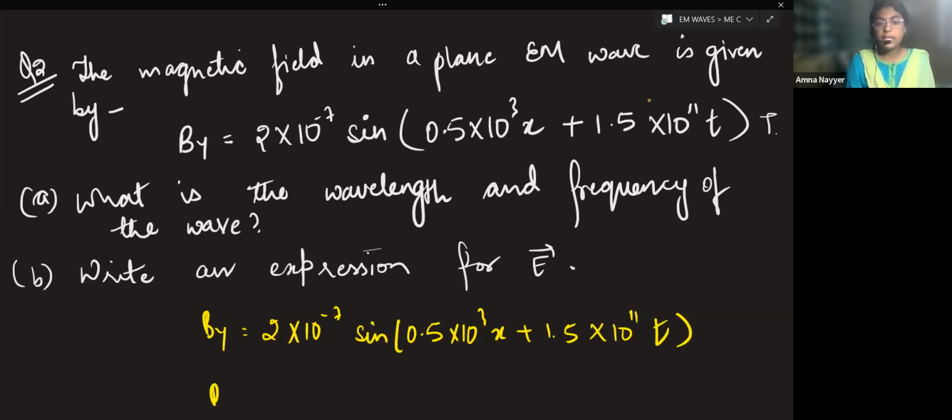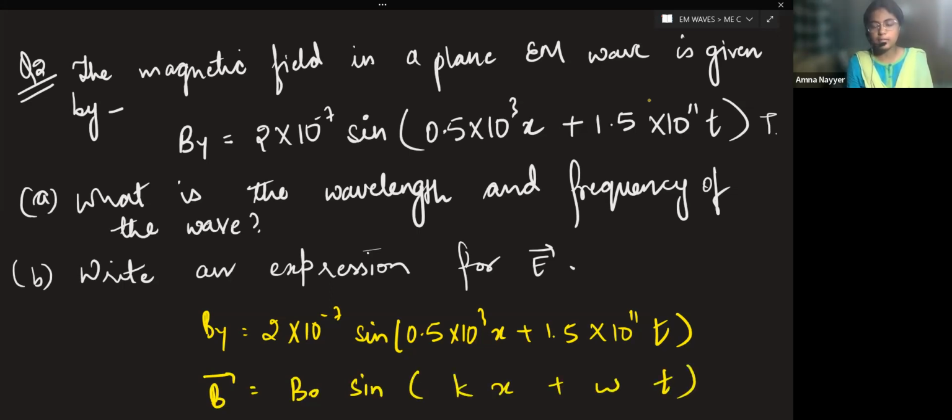Now compare it with the main equation. B is equal to B naught sine kx plus omega t. From this equation, you can easily see wavelength.